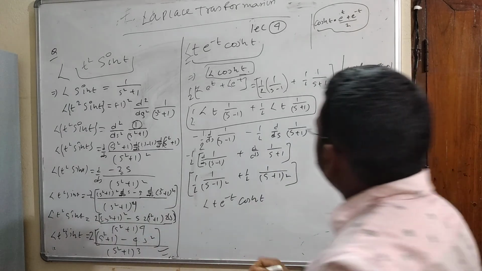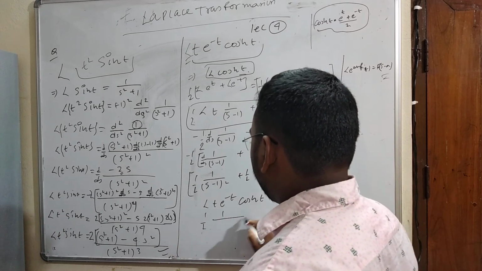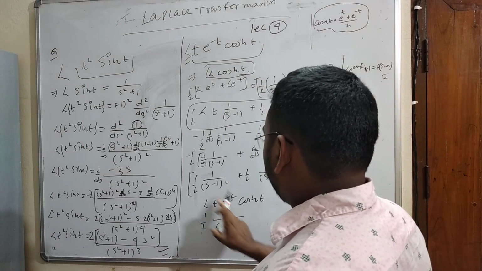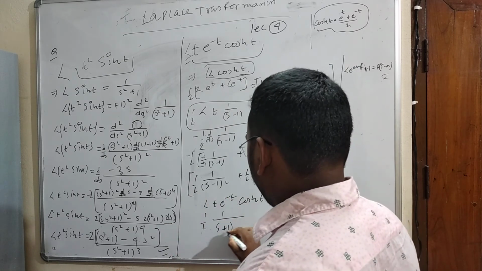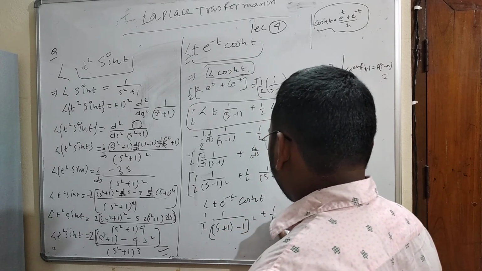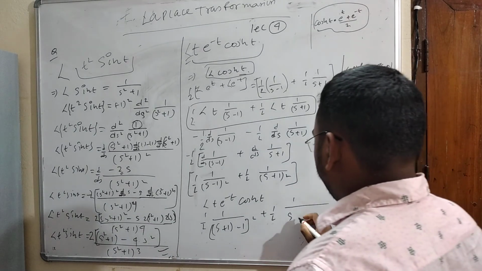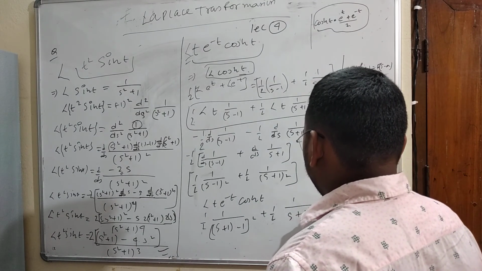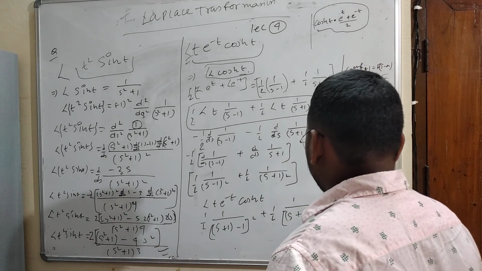Then see the first thing here. It will be 1 upon 2, 1 upon s minus 1, and it will be s plus 1 minus 1 whole square, plus 1 upon s plus 1 whole square.